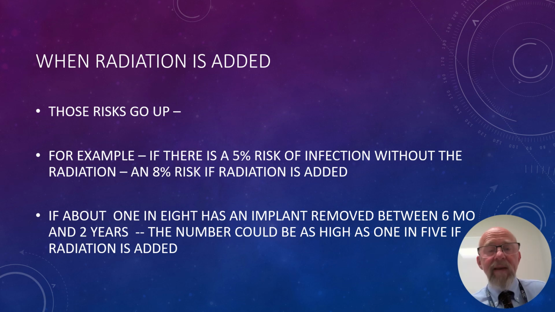They might report an 8% risk if radiation has been added. Or if over a period of a couple of years, about 1 in 8, for a variety of reasons, may have the implant removed, that number could be as high as 1 in 5 if the radiation has been added.